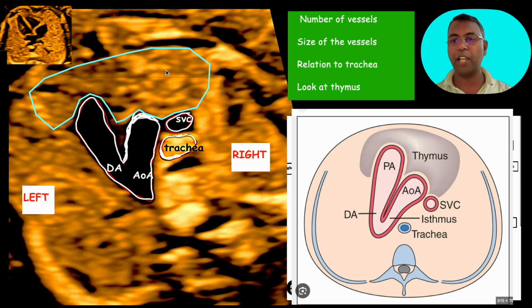If the thymus is hypoplastic or there is agenesis or aplasia of the thymus, it is strongly associated with 22q11 microdeletion, which is called DiGeorge syndrome, and it is clinically very significant. That's the reason we should always try looking at the thymus. If not by quantitative means, at least by subjective ways, we should always look at the thymus.